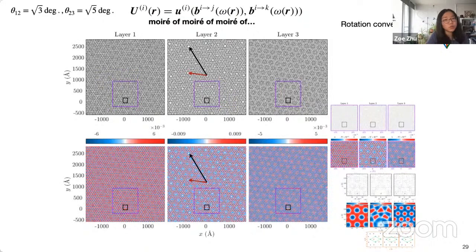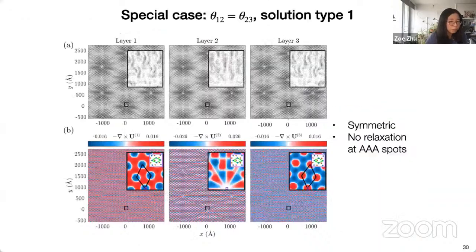So the moral of the story is that the system is truly incommensurate. When you keep zooming out, there will be more and more length scales emerging, and this will really never stop. It shows our model's capability to capture the aperiodicity and the true incommensurability of the system. And it suggests that this large-scale moiré cannot be ignored in any sort of model.